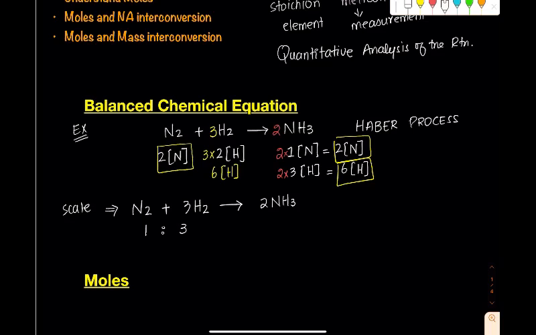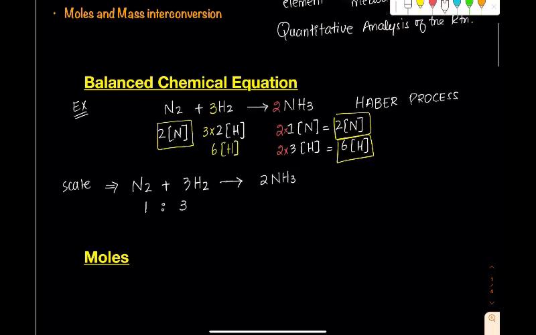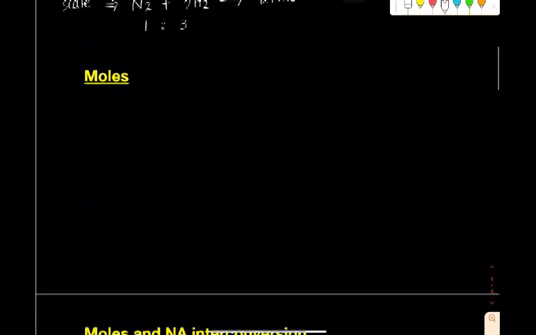Now, let's understand mole. We will come back to this topic again, but first we need to look into the basic things. So let's find out moles. What are moles? Moles are basically numbers. How is this a number?